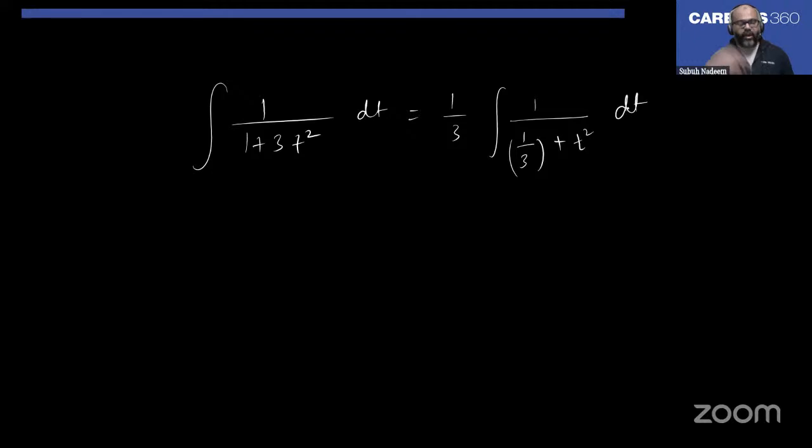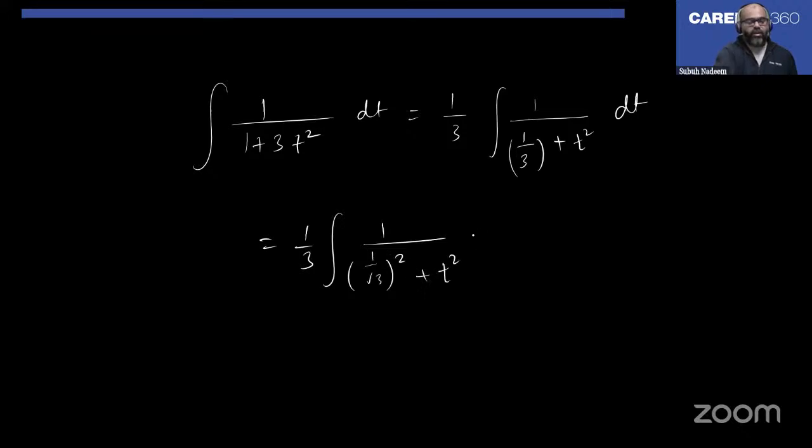Okay, sorry, that mental calculation which I did was not correct. So this is 1 by 3, and this is the integral of 1 by root 3 square plus t square dt. Now it is 1 by a, so 1 by a is 1 by root 3 tan inverse t.